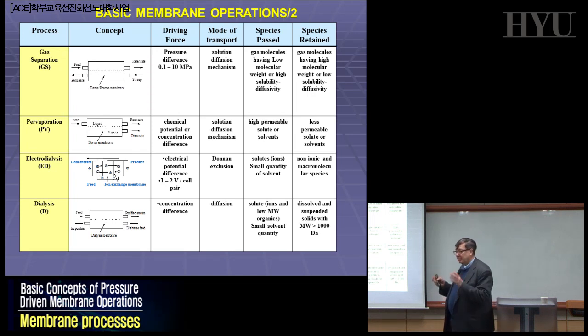Here you have to realize membranes with the parameter we call transport number. If you have any background in electrochemistry, you learn about transport number. Transport number means the quantity of current transferred in a system by specific ions compared to the overall current going across the system.